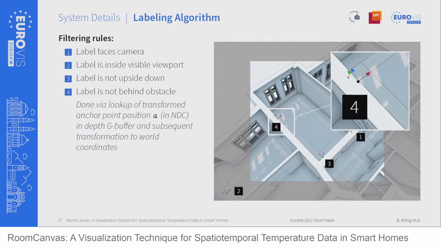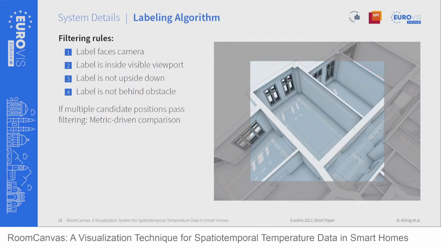We do this by having a readback pass that reads back depth values from the GPU and allows us to compare the actual visible most camera-facing position at the respective screen position, compare this one with the world coordinate of the expected label position. And if it's not the same, then we assume that there is something lying before the visualization, or like before the label, and it's obstructed by something, so we filter it out as well.